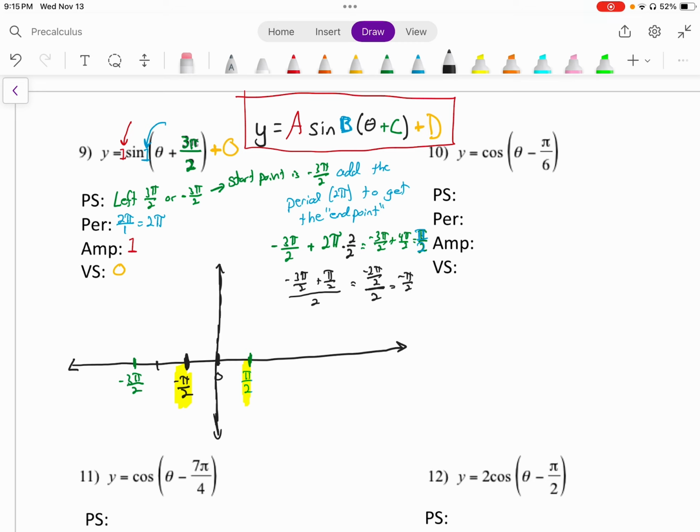Sometimes the y-axis won't even be on one of those 4 points, but it is in this case. All right, so that part takes some work, but we have our starting point, we have our ending point. We split it into 4 equal parts, and we can do our amplitude. Our amplitude is 1, so 1 and negative 1.